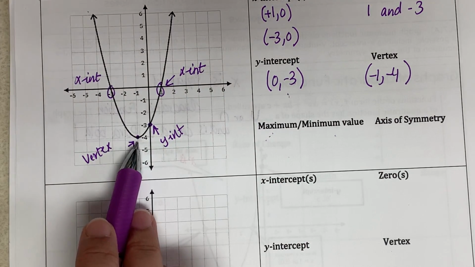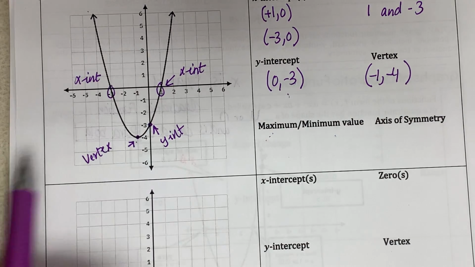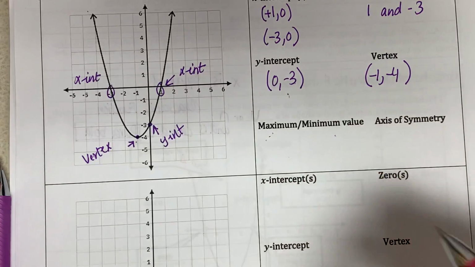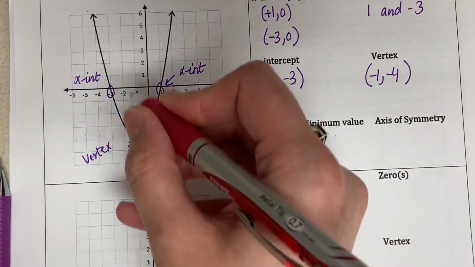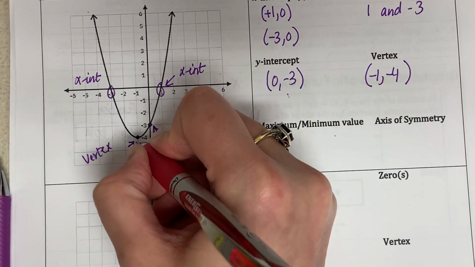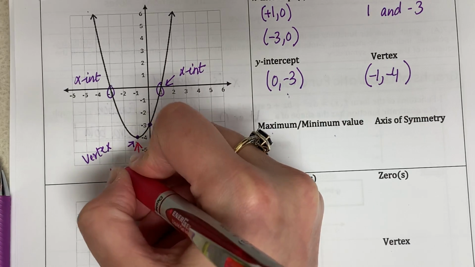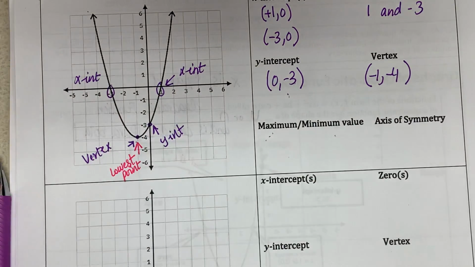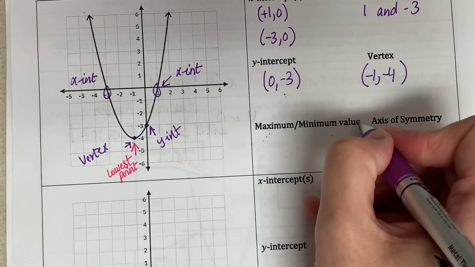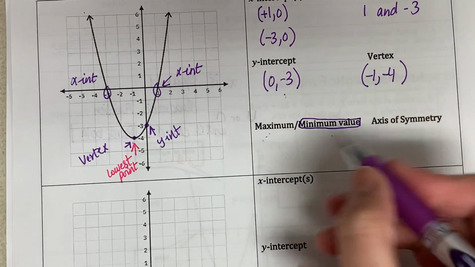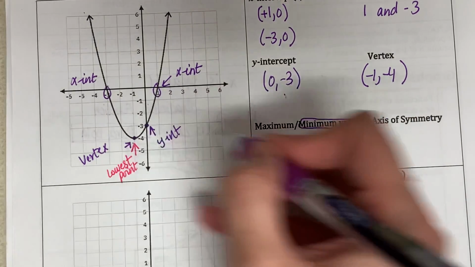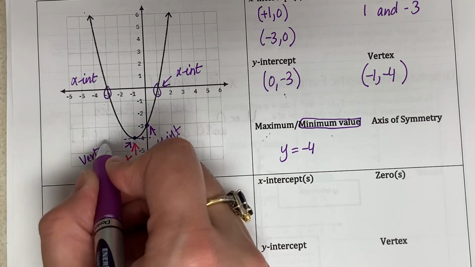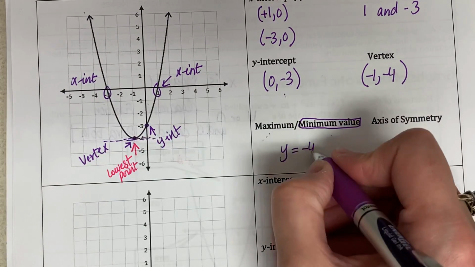Its highest or lowest point, this is at the bottom. So this one should have the minimum, because it has a bottom. This is the lowest point of this graph. So it has a minimum value, and the minimum value is y equals negative 4, because that's the lowest point of this graph.